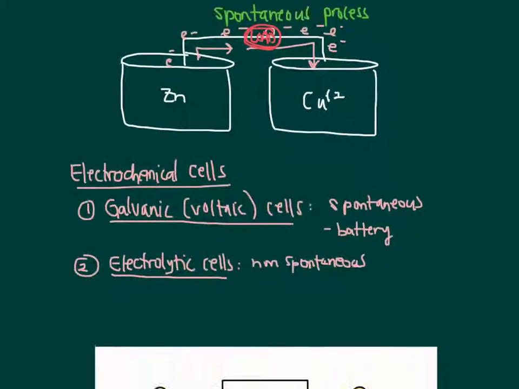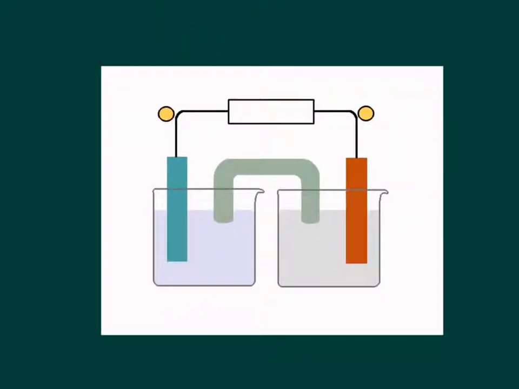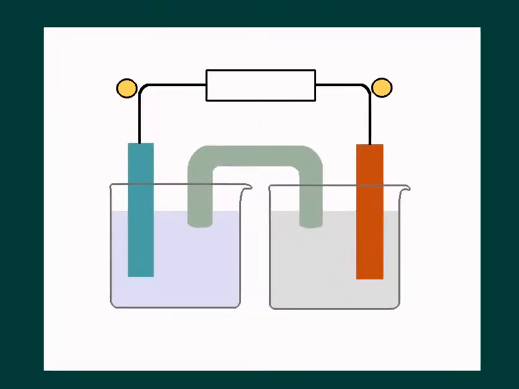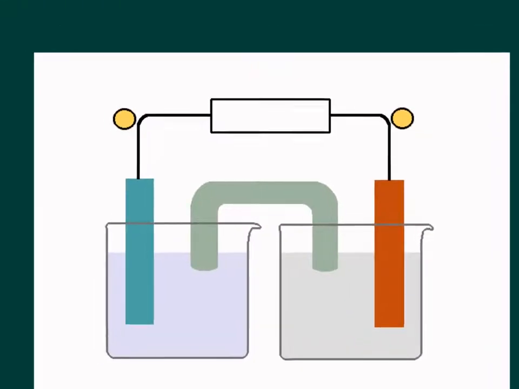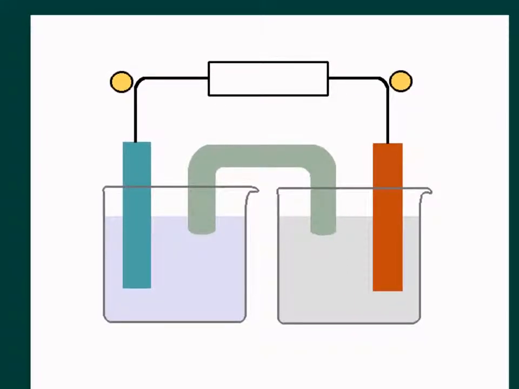So let's talk about what's actually happening in a spontaneous galvanic or voltaic cell. What I have here is a picture of what's going on inside of a battery, essentially. All right, so these things right here are called electrodes.